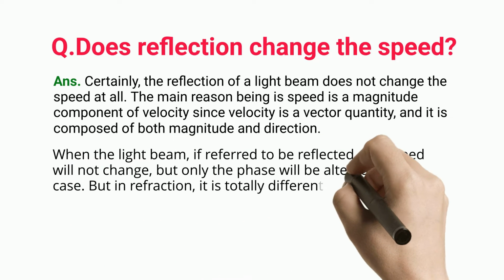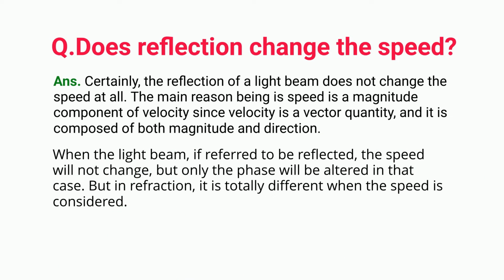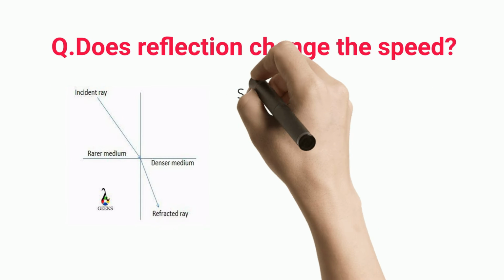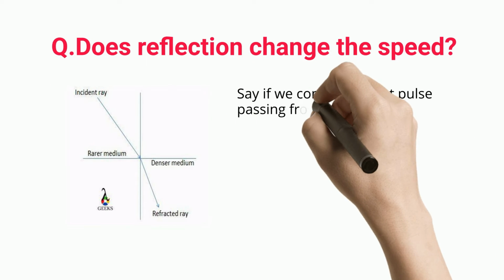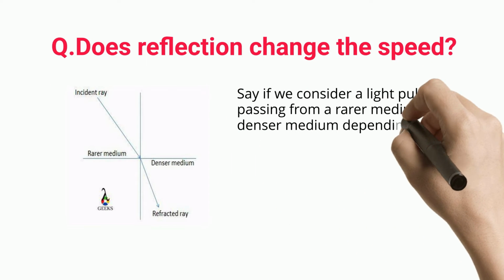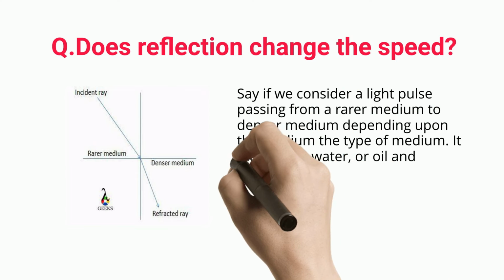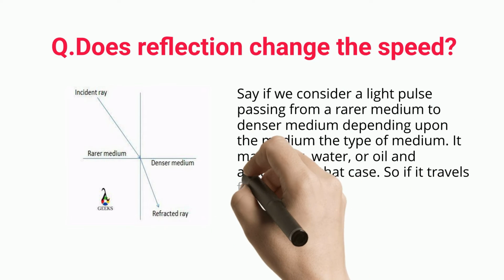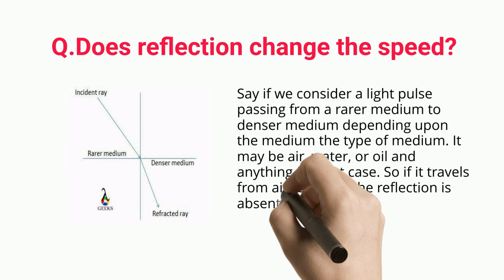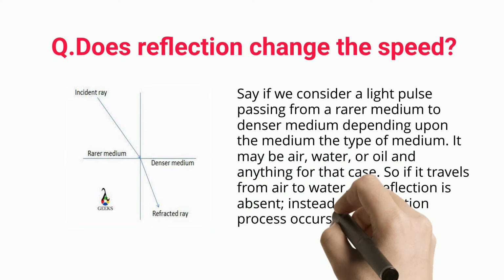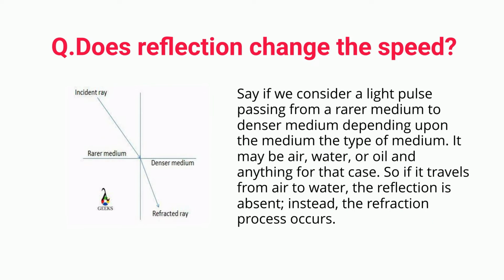But in refraction, it is totally different when the speed is considered. Say we consider a light pulse passing from a rarer medium to a denser medium. Depending on the type of medium, it may be air, water, or oil, and anything for that case. So if it travels from air to water, the reflection is absent. Instead, the refraction process occurs.